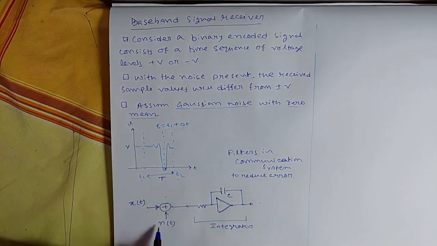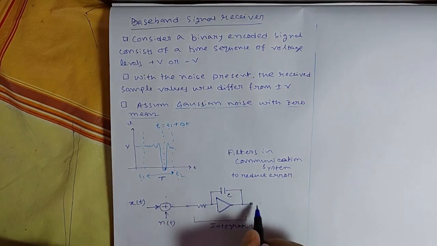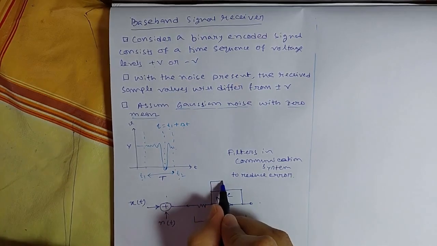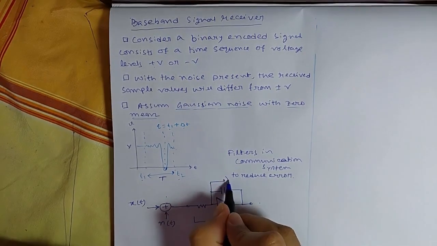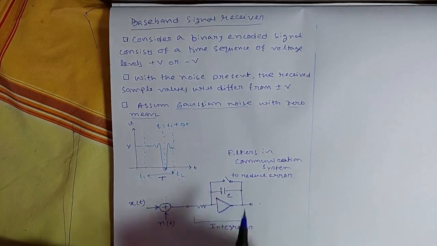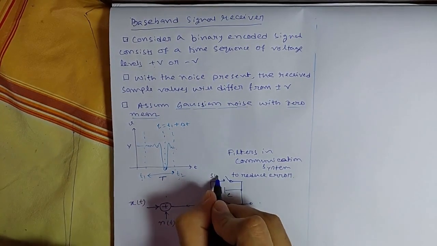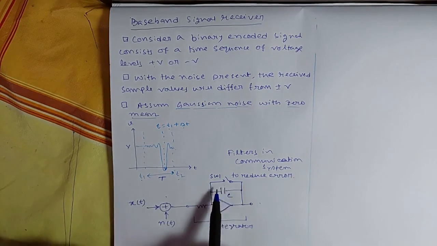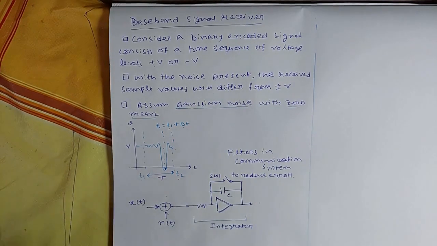Now this integrator has two switches. That is switch 1. The purpose of this switch is to reset the capacitor after each bit interval.